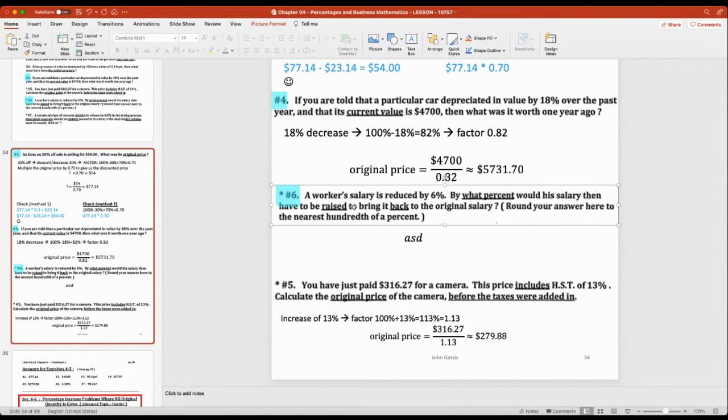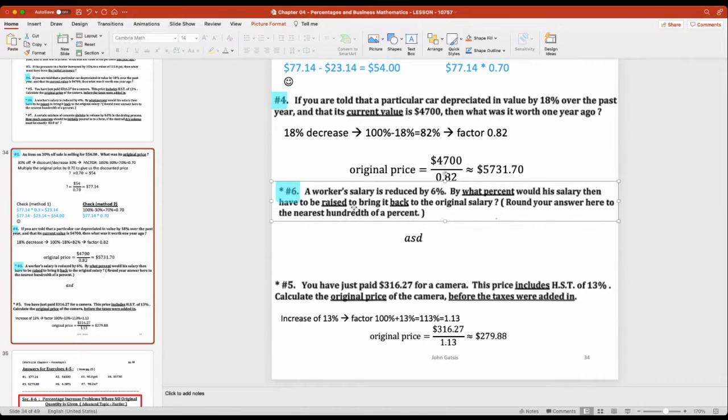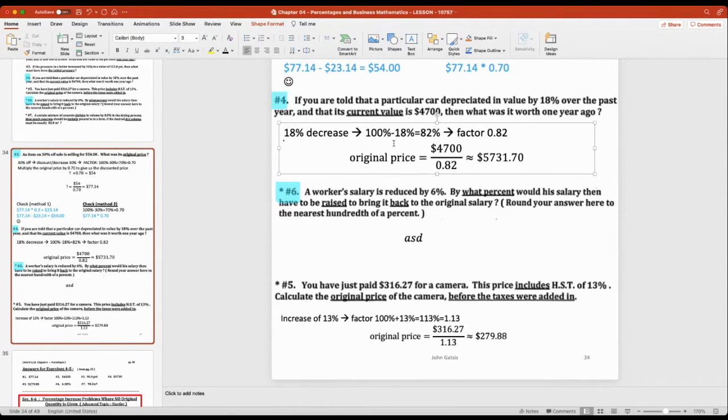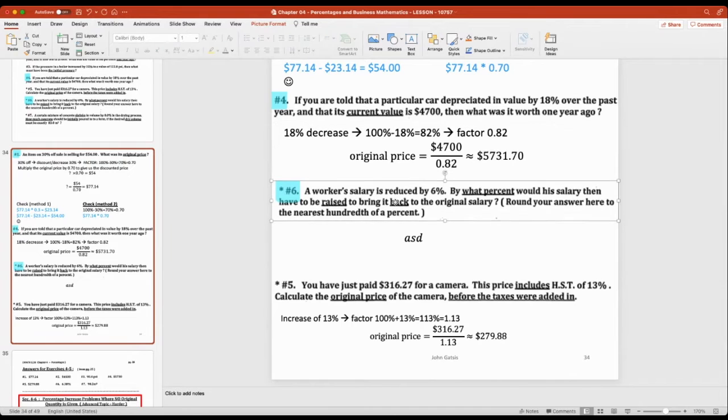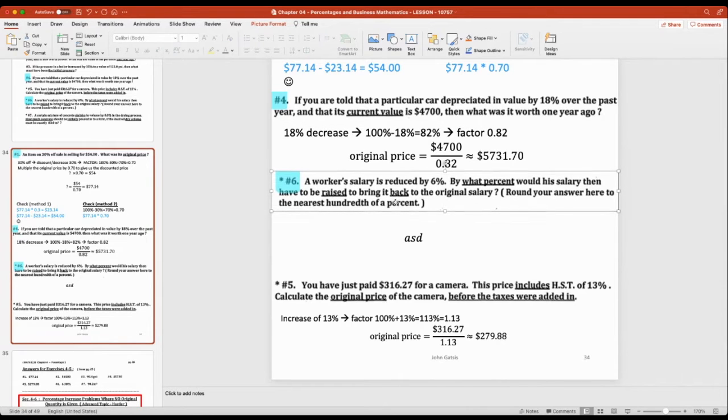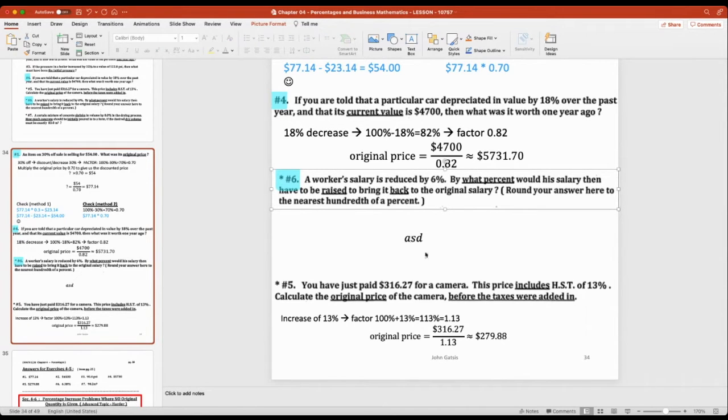6 is a bit more of a puzzle kind of question, and I'm just going to give it some more real estate because it's a little bit interesting. A worker's salary is reduced by 6%. By what percent would it have to be raised to go back to the original? In other words, you want to figure out the calculation that takes you back.